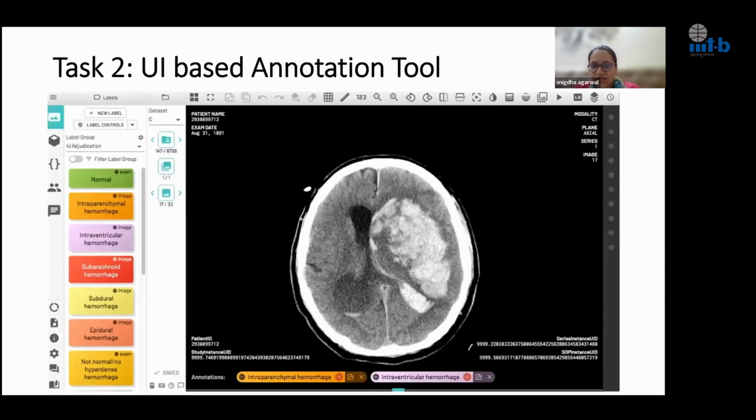Otherwise the images are in this fashion, with a lot of noise, and this is a bigger hemorrhage, so it's very clear. But in cases where the hemorrhage is very subtle, it's very difficult to identify, so that windowing helps. But each scan is separated slice-wise on whether it contains a hemorrhage or not.